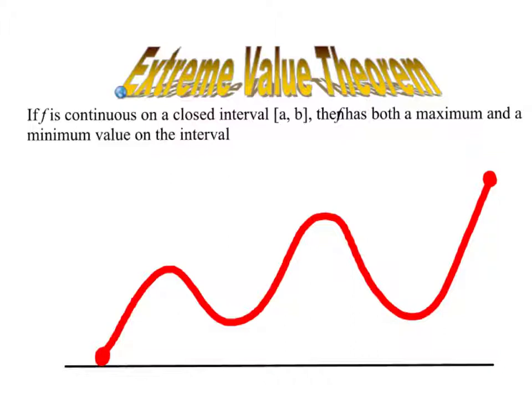But if I were to make these endpoints be undefined, so instead of having them be a closed circle, if I were to have them be an open circle, then something like this wouldn't have an absolute maximum. And if I did this, open circle here, it wouldn't have an absolute minimum. The extreme value theorem says as long as it's defined at its endpoints, it will definitely have a maximum and a minimum.